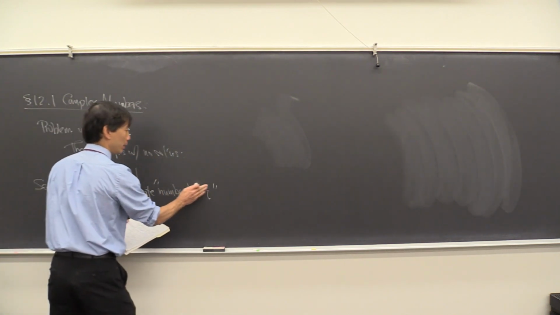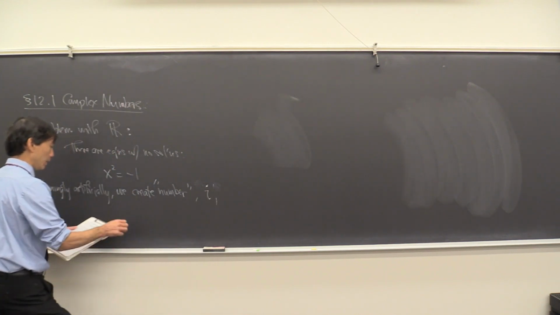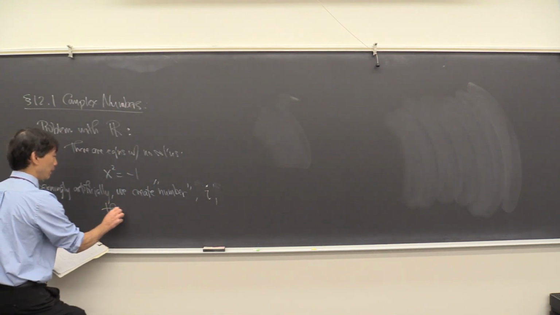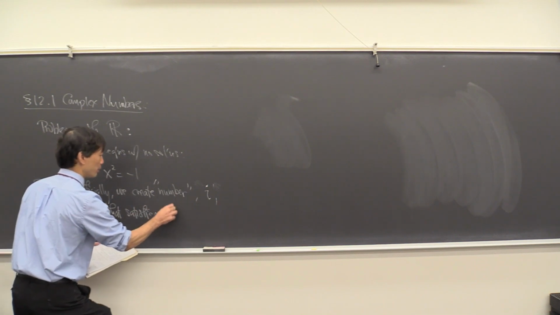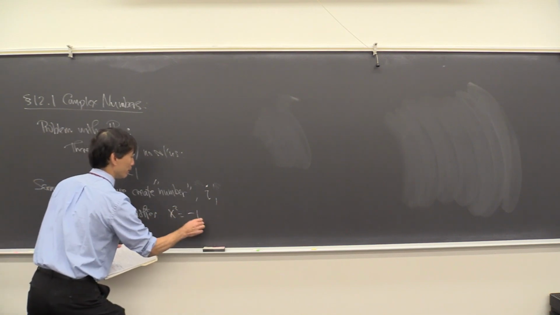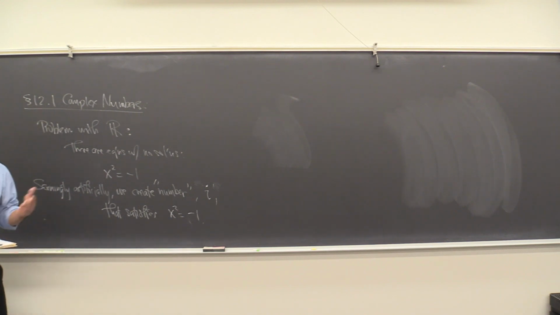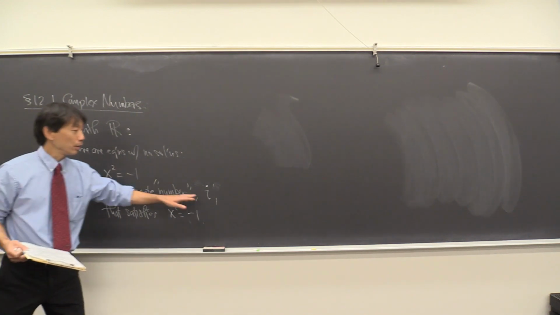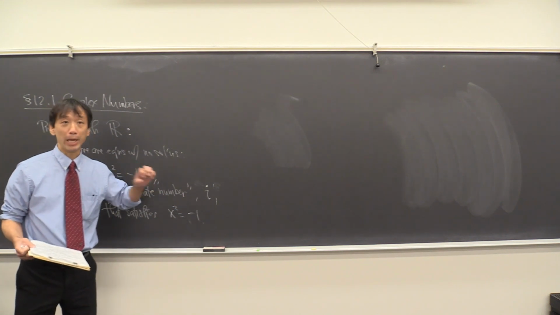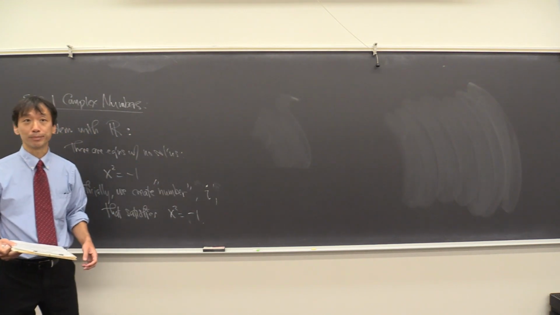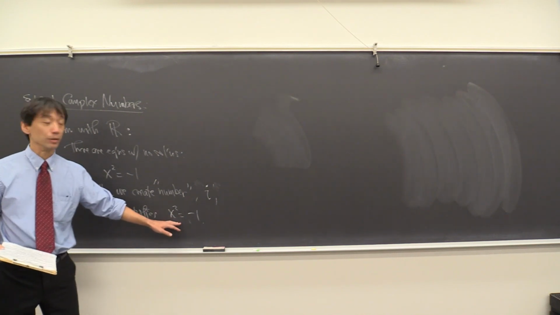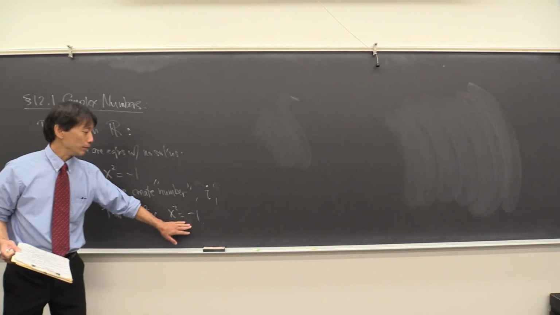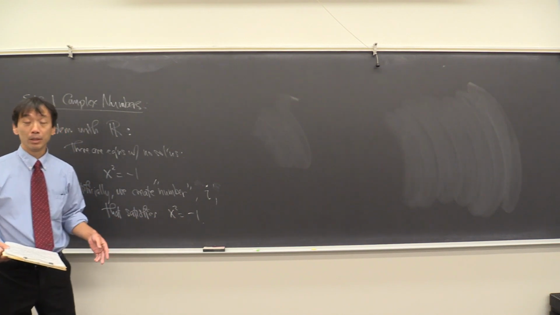A number i that satisfies x squared equals -1. So we just make up this thing and we say that's going to be our solution. We're going to create this number i, and we're going to add it into our number system. That will be the solution to this equation.